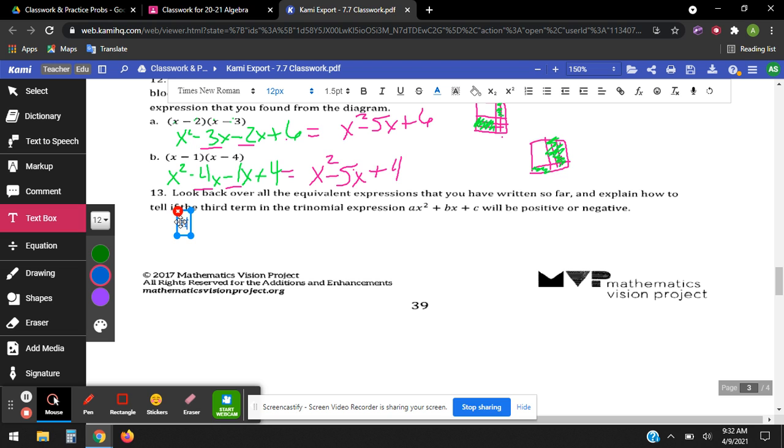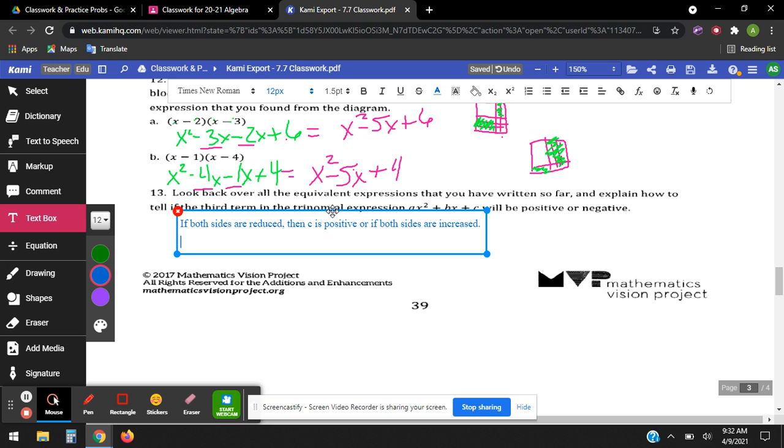So if both sides are reduced, then what happened? We reduced both sides. C ended up being positive. Or if both sides are increased, right? Up until today, we were using plus on both sides, and it was still a positive.